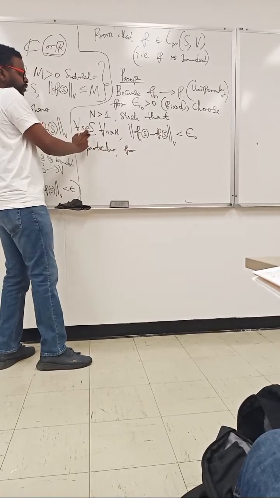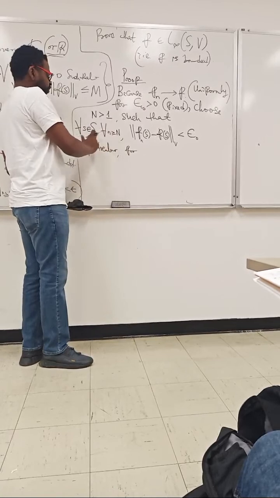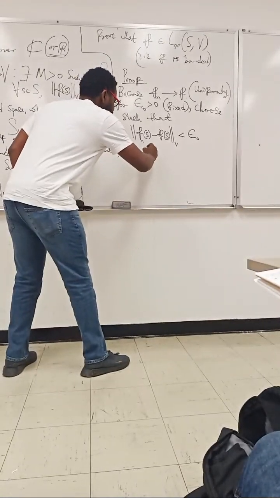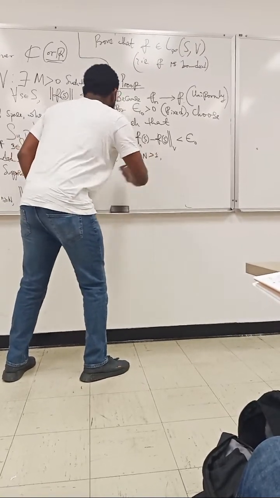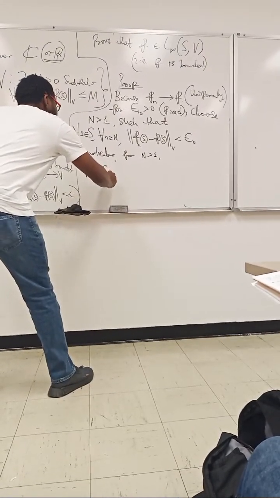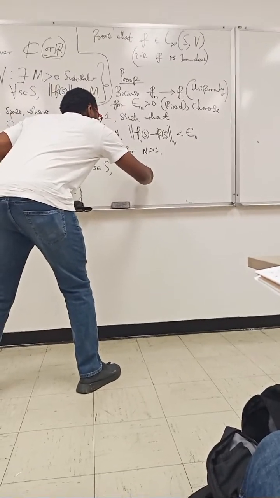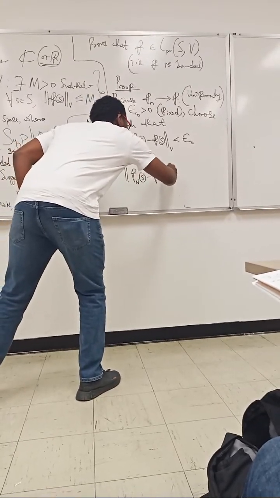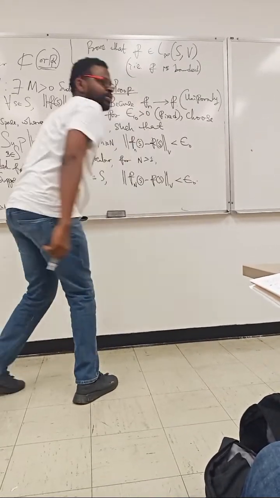You see that this N does not depend on x. So it means in particular for this capital N, I have that for all s in S, the norm of Fn of s minus f of s is less than epsilon naught.